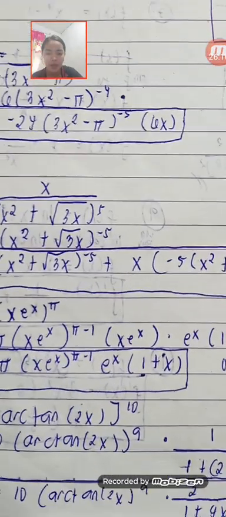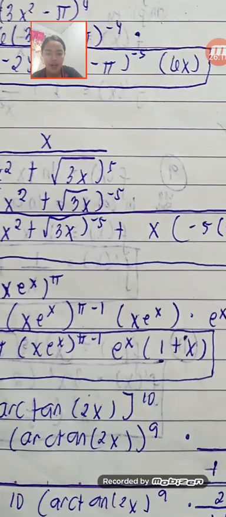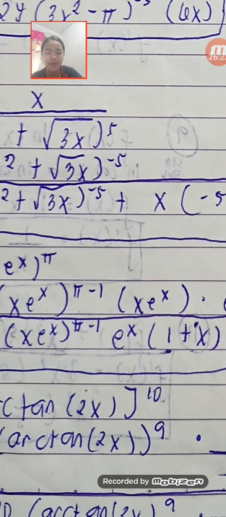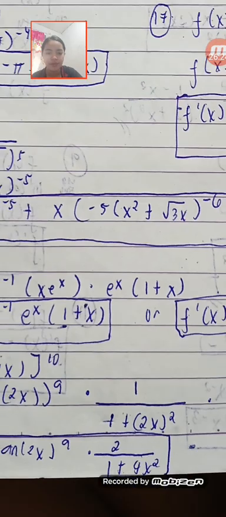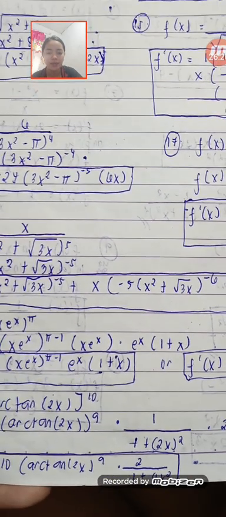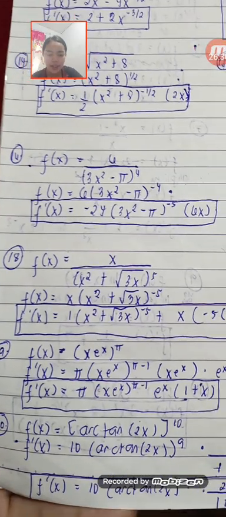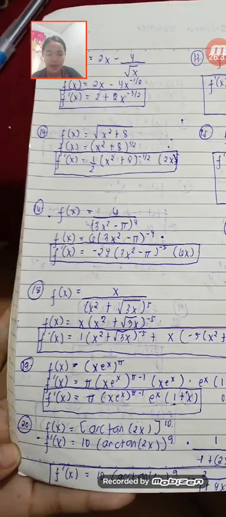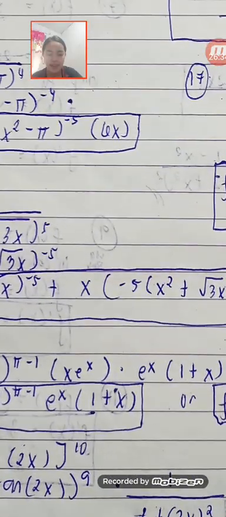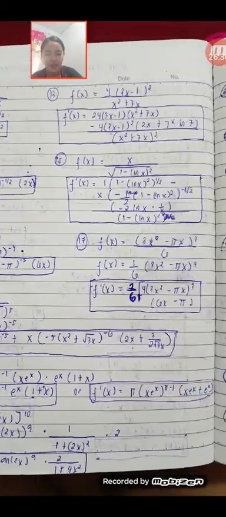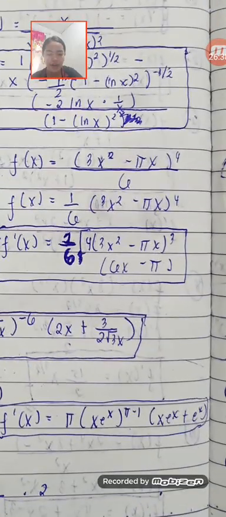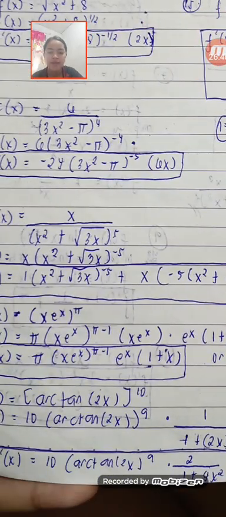So we come up with the derivative of our inside function, which is negative x multiplied by e to the x and 1 plus x. So our final answer now is pi x. We just need to copy them and have this one, or you can also have it like this.